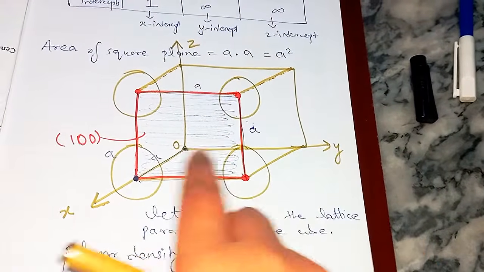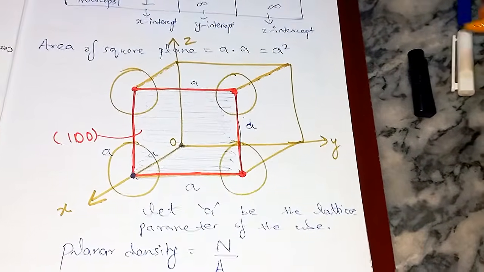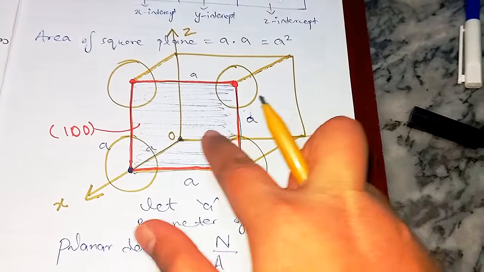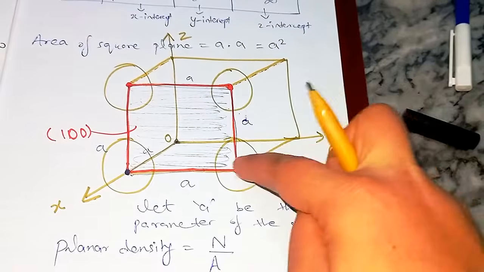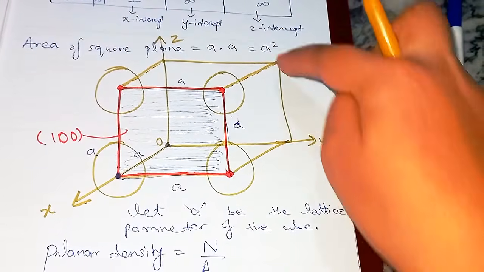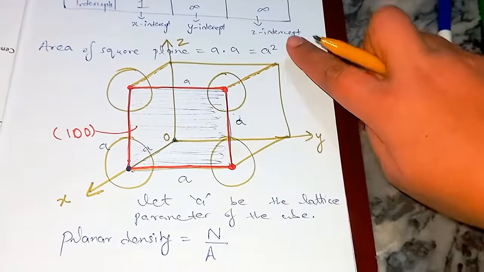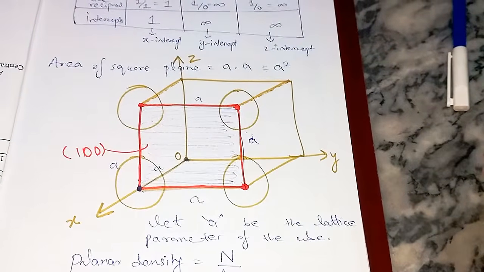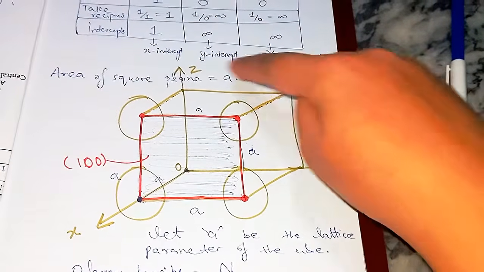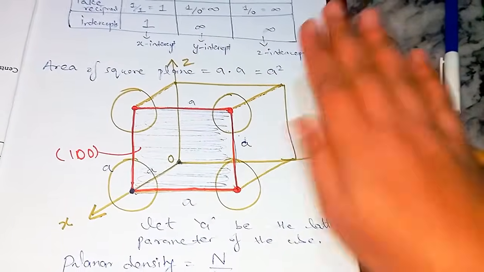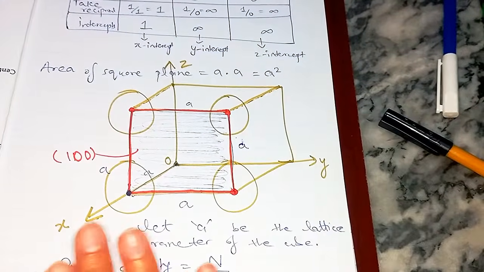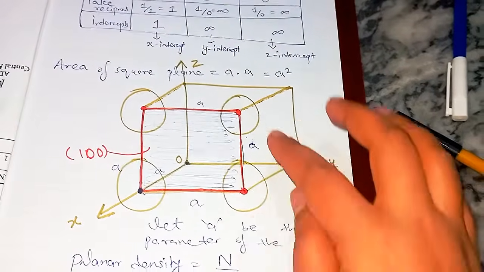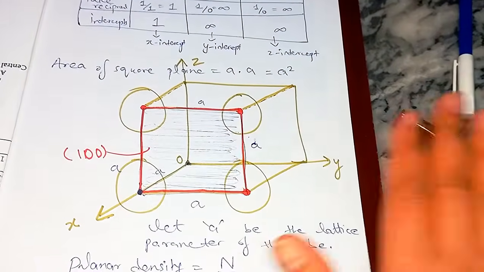So these atoms would be lying in here, and there is no other atom that could be intersected by this plane, because the rest of the atoms lie on the other corners of the unit cell, which are on the back side of this room. This is like a room, and these corners are not a part of this plane, which is on the front wall. So only these atoms will be contributing to the plane, and the body center atom obviously will not be contributing to the plane.